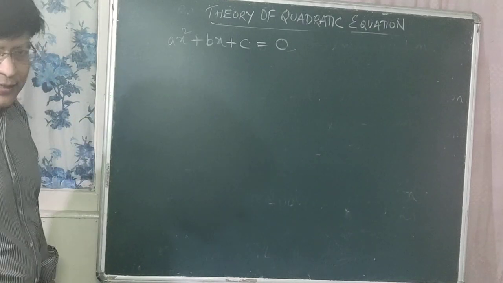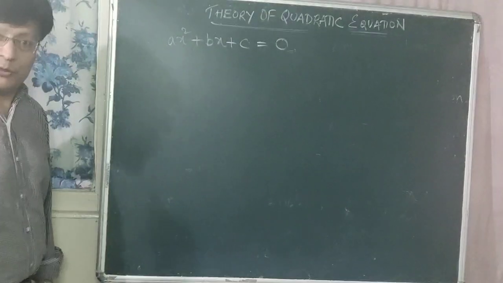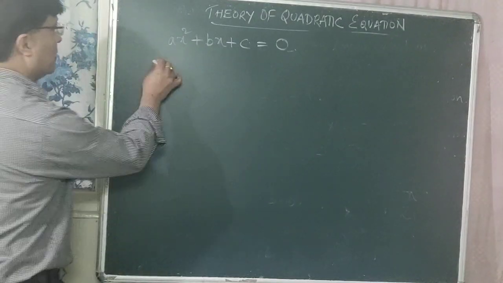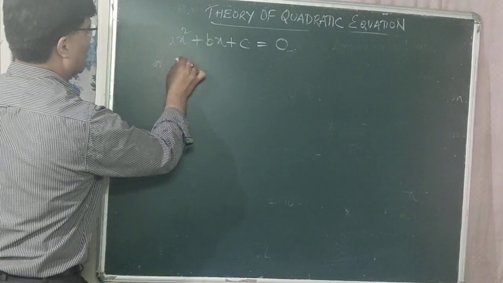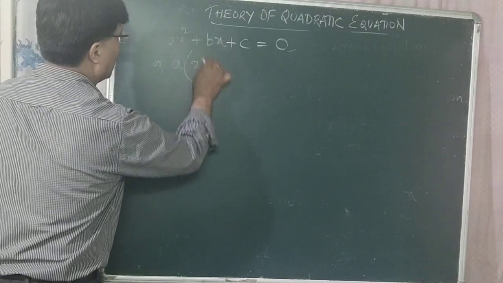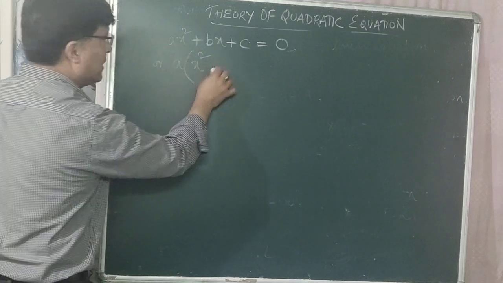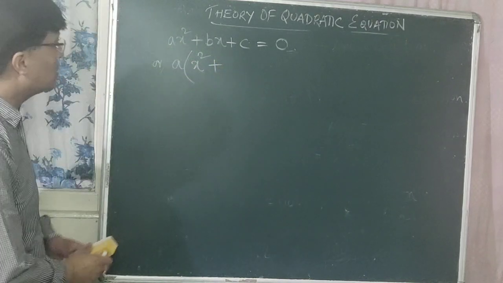So let us take a as common. Since a is common here, a is taken outside. So within the bracket there will be x square plus, now there is bx.